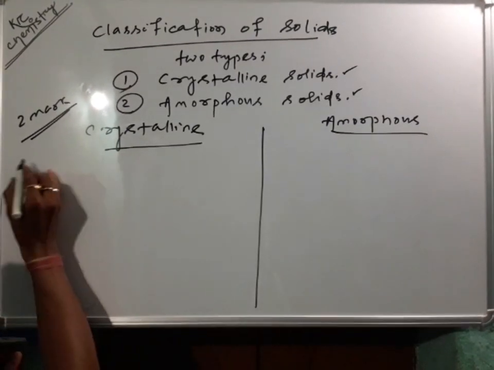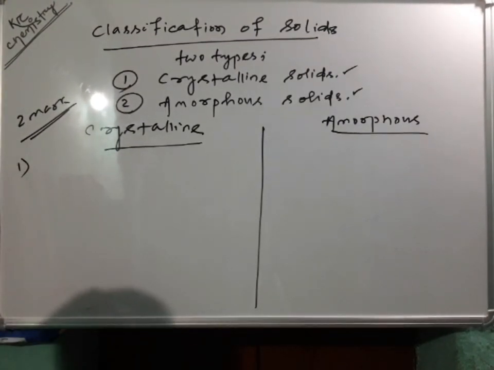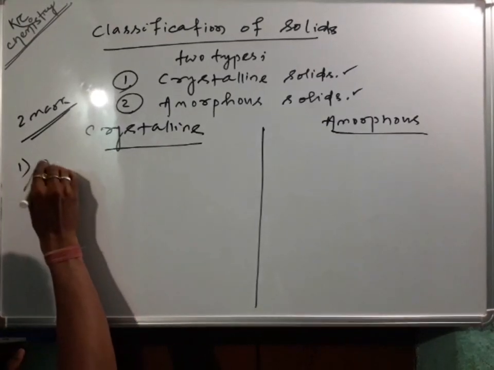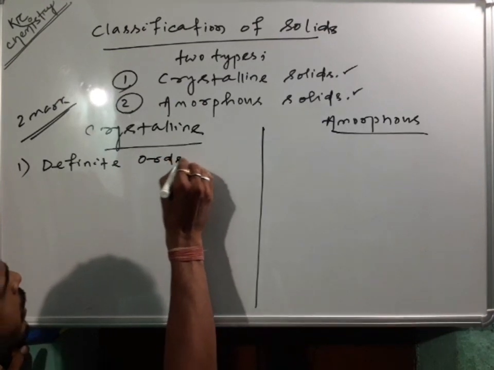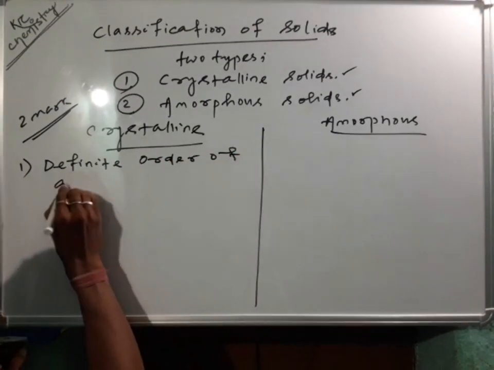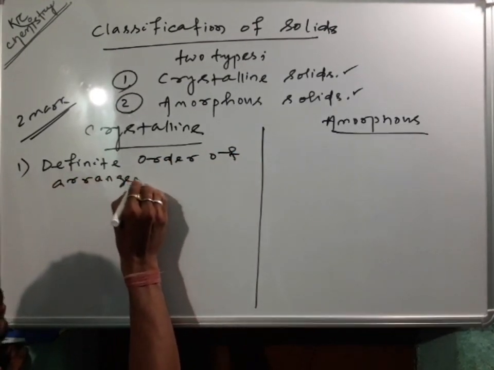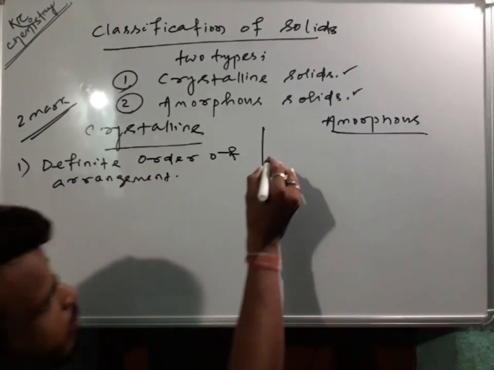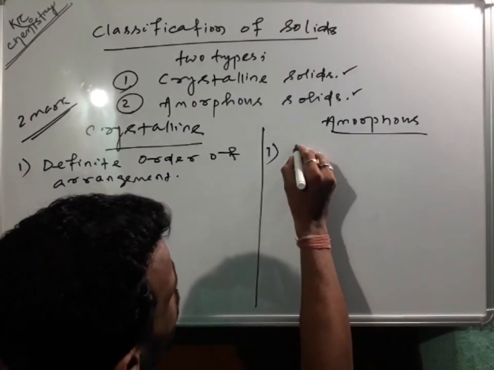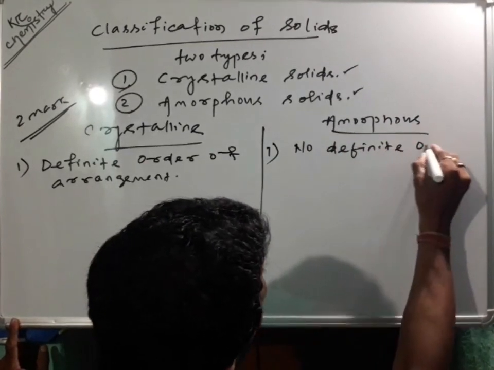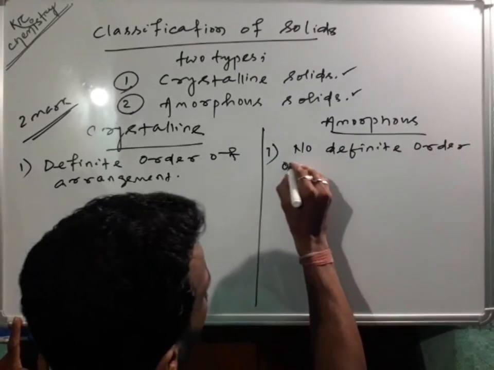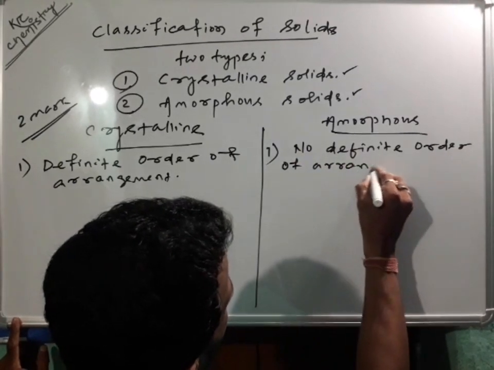On the basis of arrangement, the first point is that crystalline solids have a definite order of arrangement. In opposite, the amorphous solids have no definite order of arrangement.